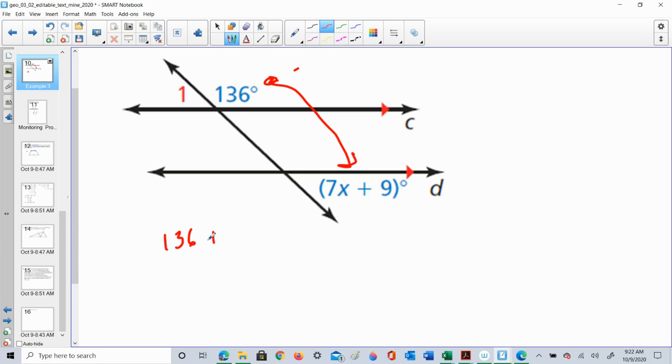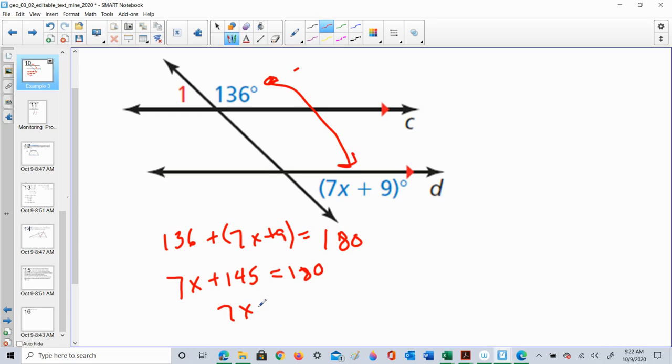136 plus 7x plus 9 equals 180. All right. 136 plus 9 is 145. So 7x plus 145 equals 180. 7x equals 35, right? That's minus 145 from both sides.